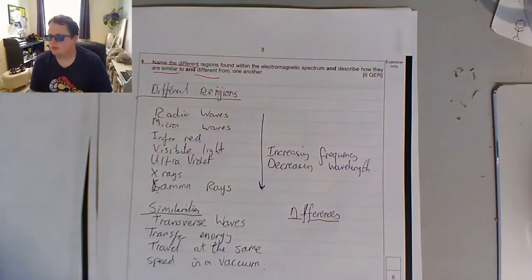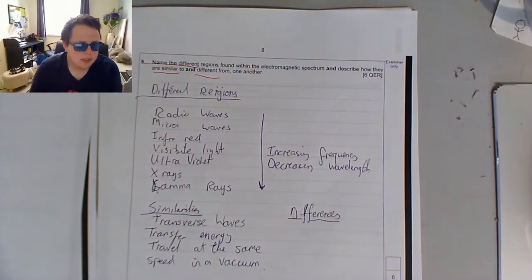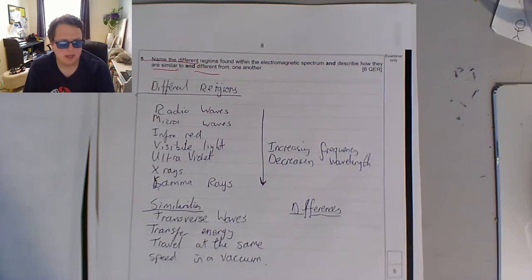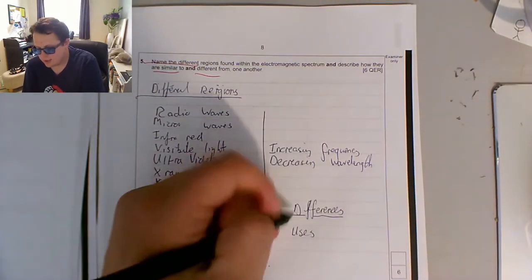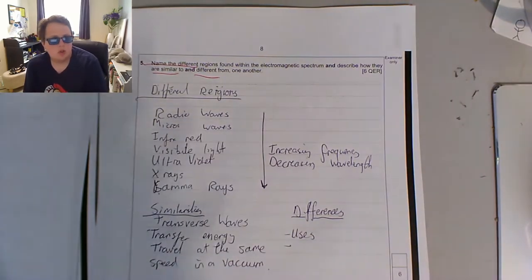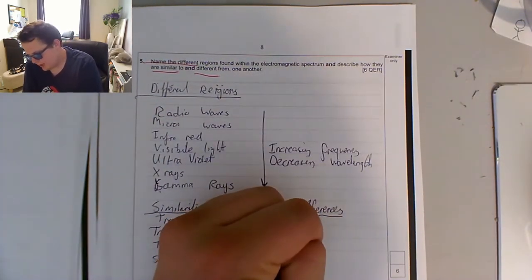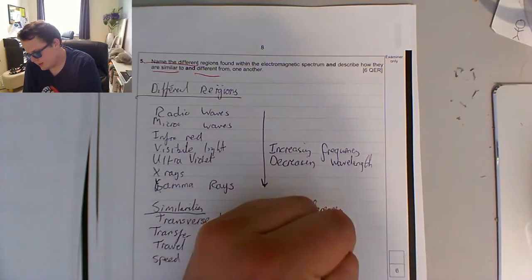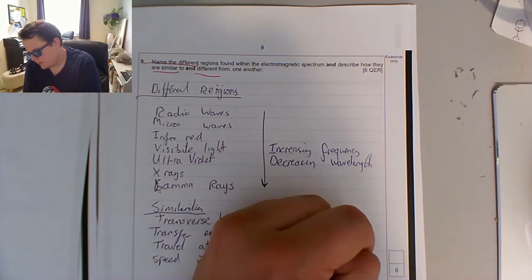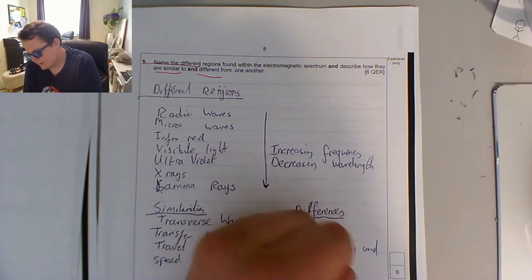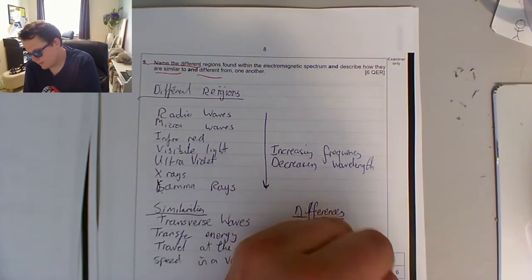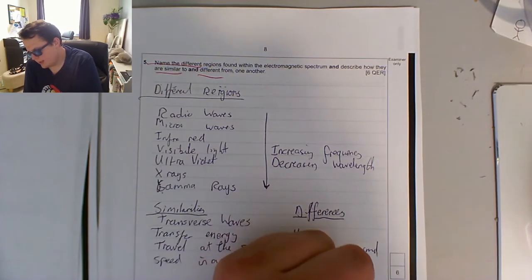So there's 2 differences I've listed straight away. You could say different uses. So their uses are different. You could also say UV, X-rays, and gamma rays are ionizing.